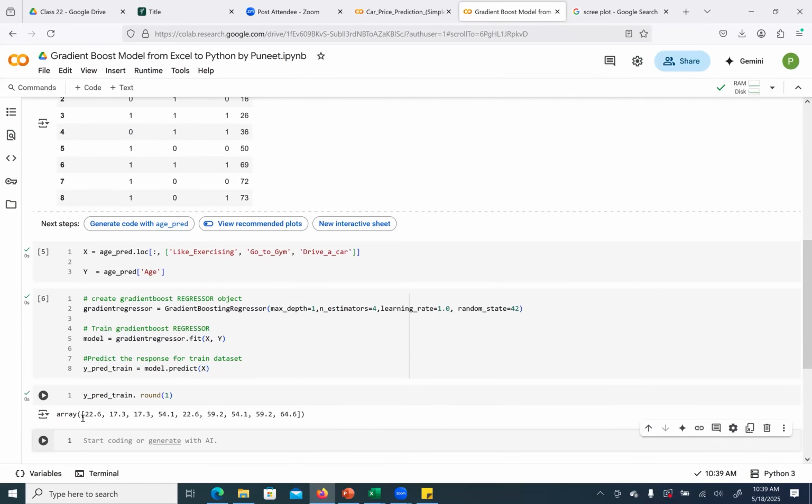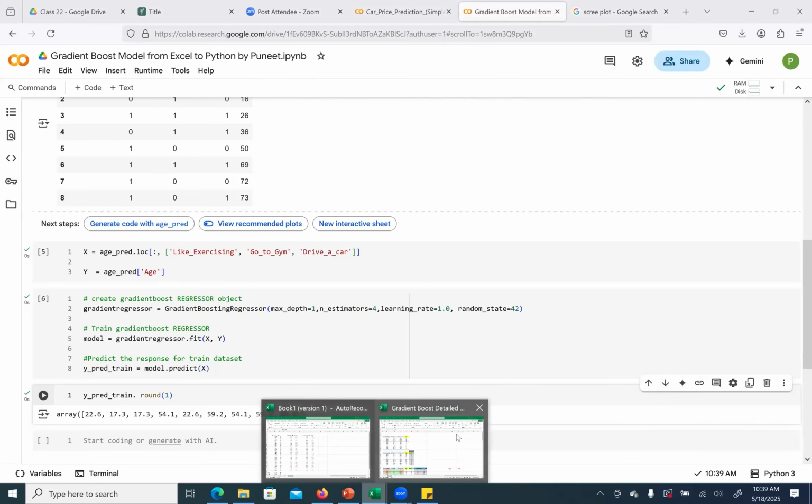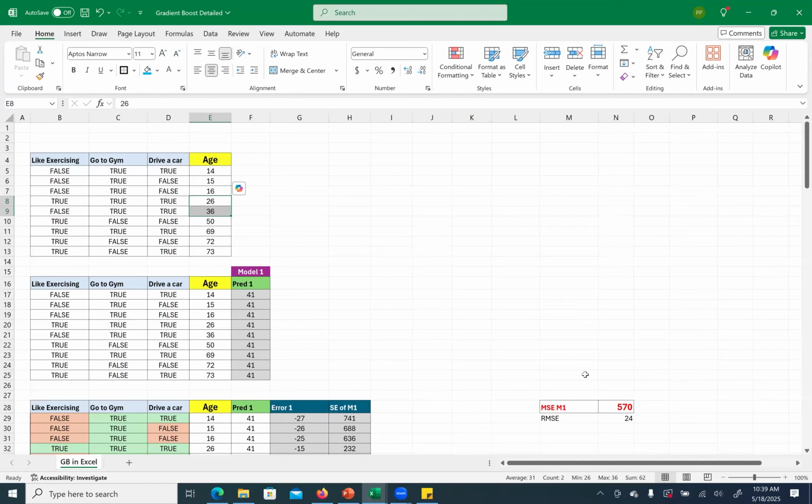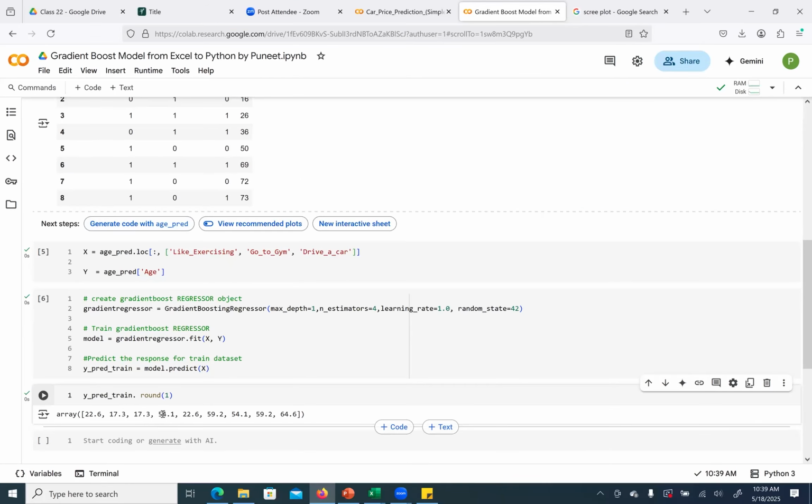For the first person, the prediction is 22.6, then 17.3, 17.3, 22, 54, 22. The exact same as what we have over here.